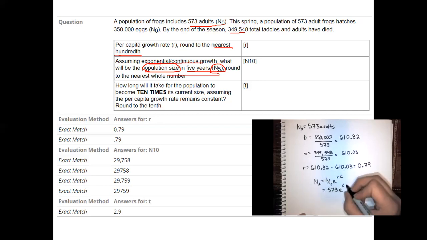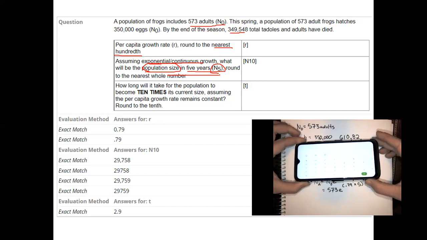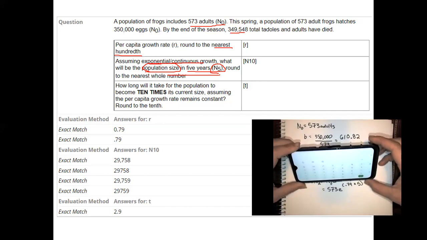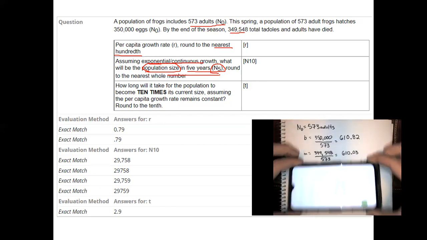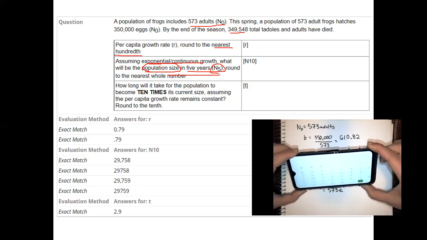We just calculated the rate, 0.79, times the time. And once again, we want time to be 5 years. I'm actually going to type this into the calculator because of the exponents here, just to make sure that we're all on the same page.